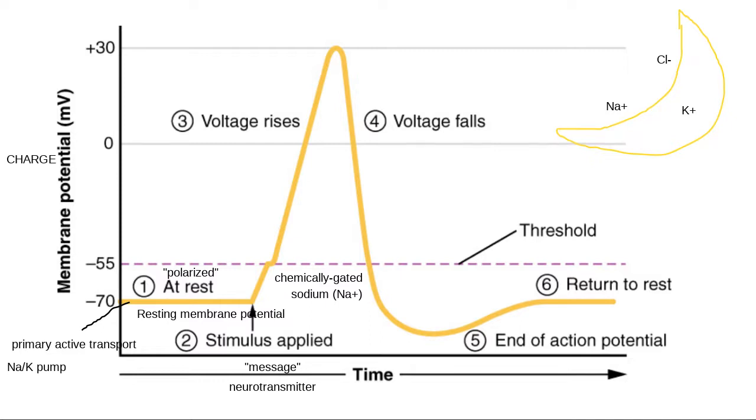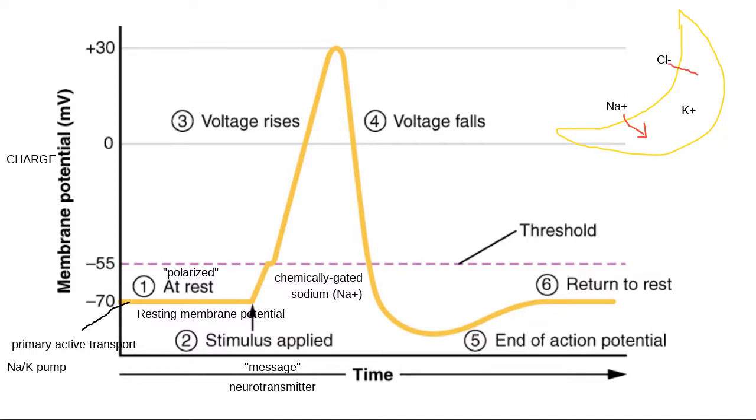Remember, this matters because when we're thinking about the way things move in a channel protein, all of this that we're talking about on a neuron is channel proteins. So all of this is always going to move stuff from high to low. So when you're thinking about the salty banana cell, sodium wants to come inside because there's a lot of it on the outside and not a lot on the inside.